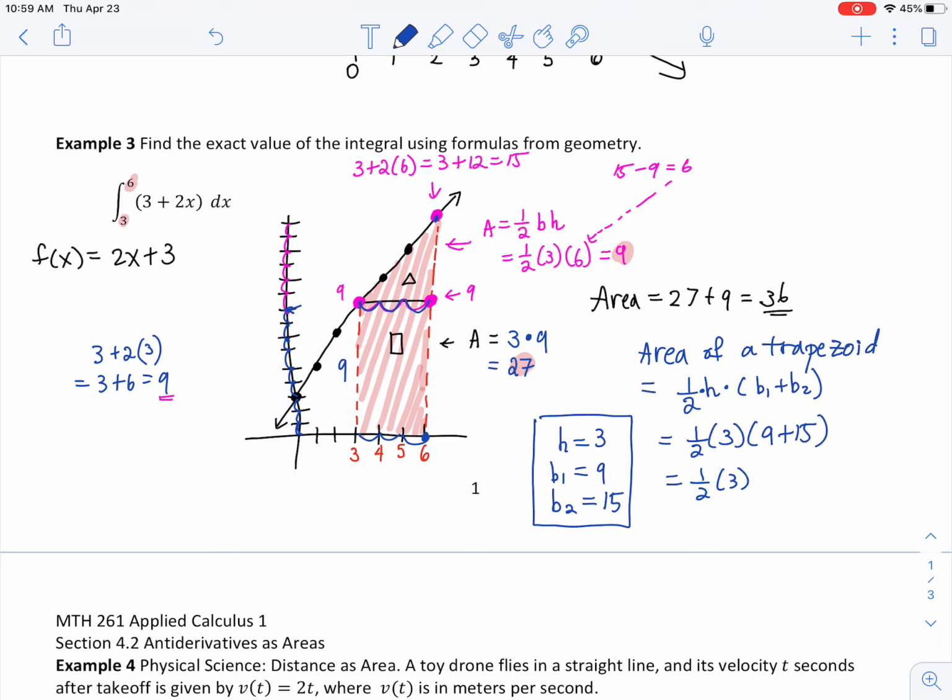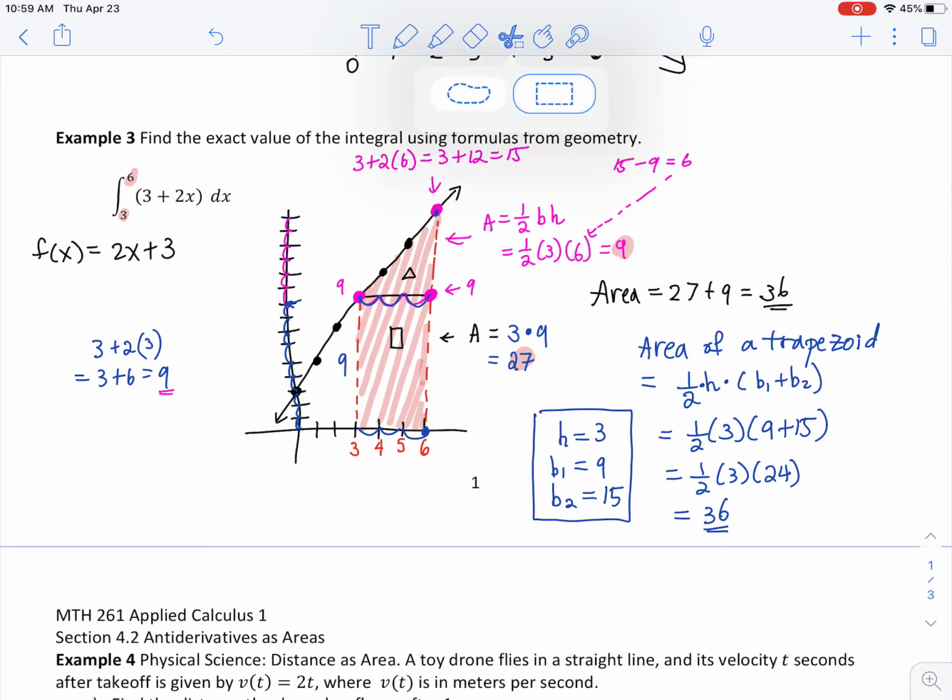So these are the dimensions of this trapezoid. So I do 1/2 times height is 3, and the base 1 plus base 2, that's going to be 9 plus 15. 1/2 times 3 times, what's that, 24? So if you multiply these two, I get 3 times 12, right? So half of 24. That's also going to give you 36 units squared.